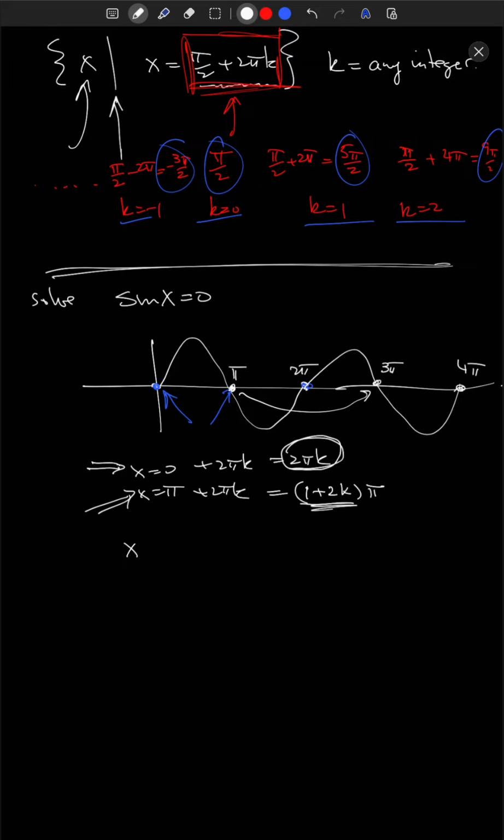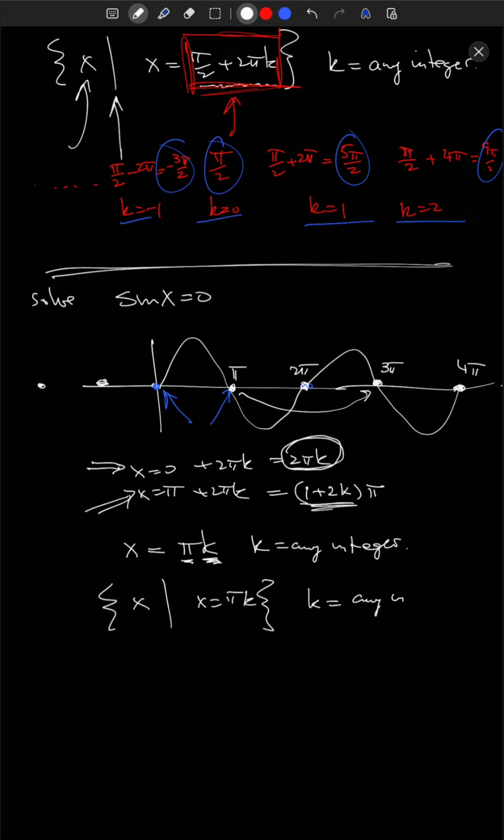So for this one, the solution is actually equal to pi k, where k is equal to any integer, because it's any number times pi: pi, 2 pi, 3 pi, 4 pi, minus 2 pi, and so on. This is a special case, and we can write it like this: x equals pi k, k equals any integer.